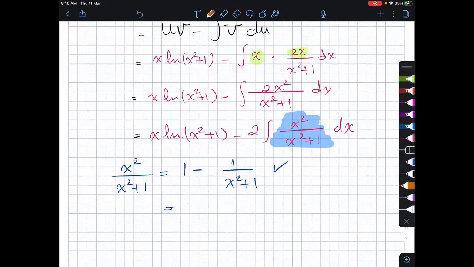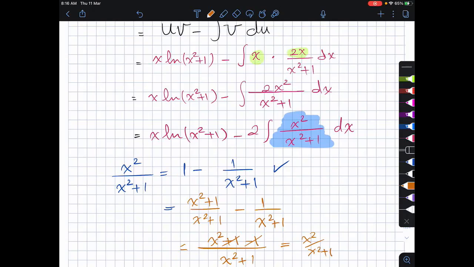Because this one can be written as x squared plus 1 over x squared plus 1 minus 1 over x squared plus 1. When you make the least common denominator and subtract the numerators, we have x squared plus 1 minus 1, which cancels out, and it's the same as the original value, x squared over x squared plus 1.